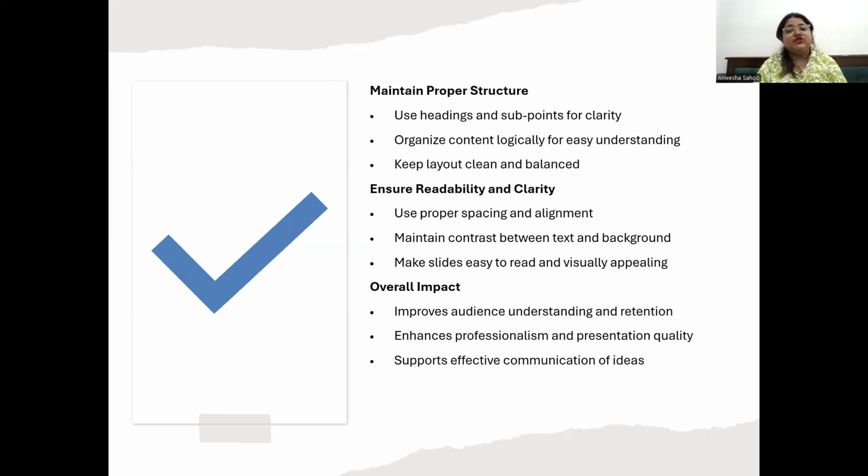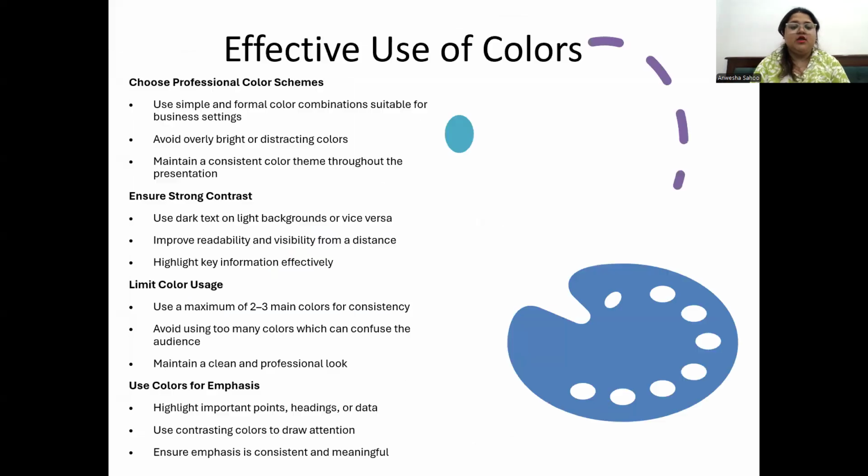Make slides easy to read and visually appealing. So it improves audience understanding and retention. It will also enhance professionalism and presentation quality, support effective communication of ideas, and help you to become a good presenter in the near future.